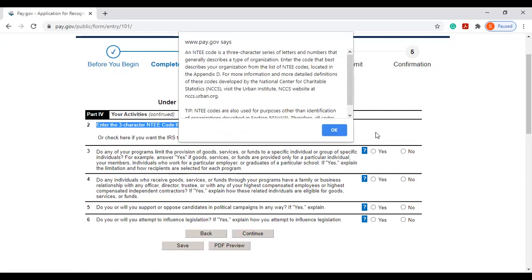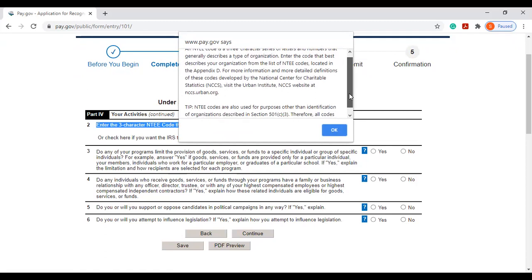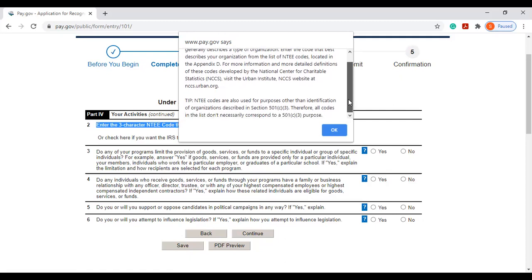An NTEE code is a 3-character series of letters and numbers that generally describes a type of organization. Enter the code that best describes your organization from the list of NTEE codes located in Appendix D. For more information and more detailed definitions of these codes developed by the National Center for Charitable Statistics, NCCS, visit the Urban Institute NCCS website at nccs.urban.org.